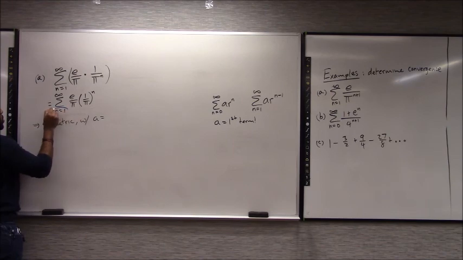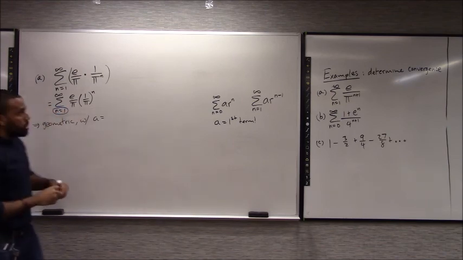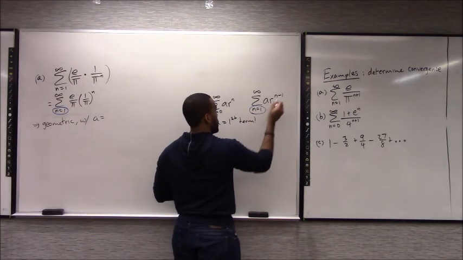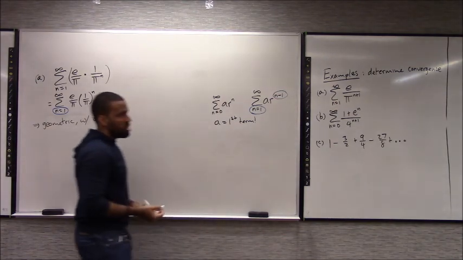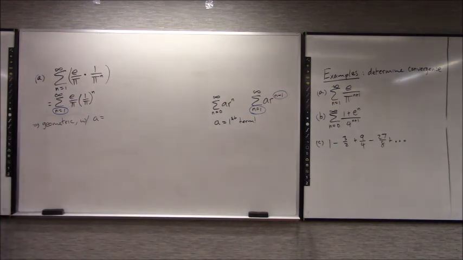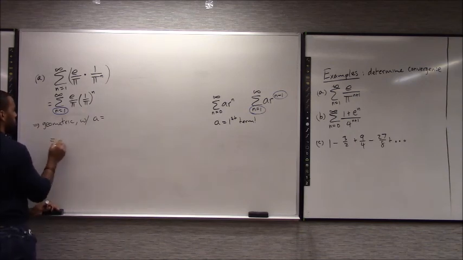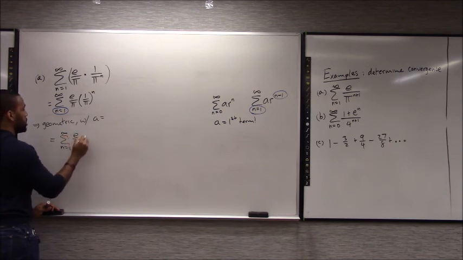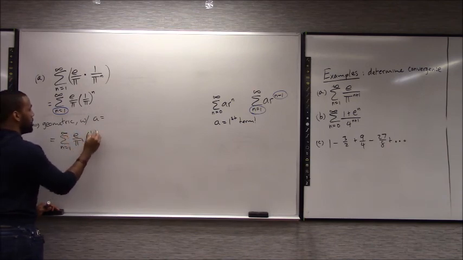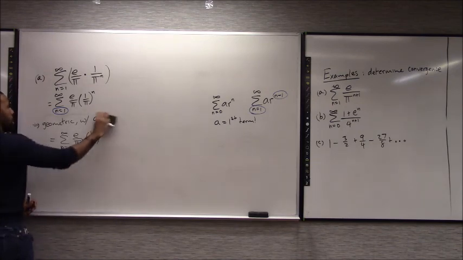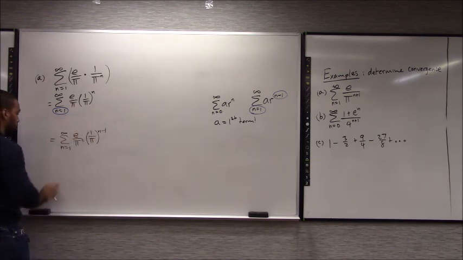You're starting from 1, which means if your starting point is 1, you need this power to be n minus 1. You need the power of the r part to start out being 0. And so what you could do is you could factor out an extra pi, yeah, e over pi squared. Then this would be 1 over pi to the n minus 1.